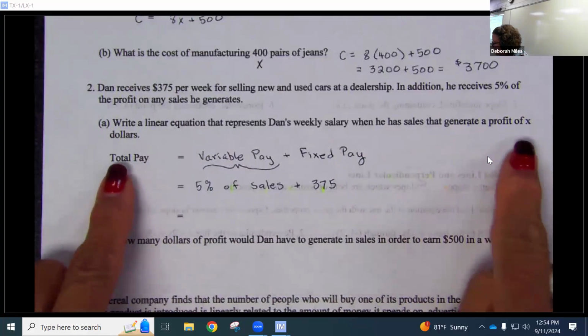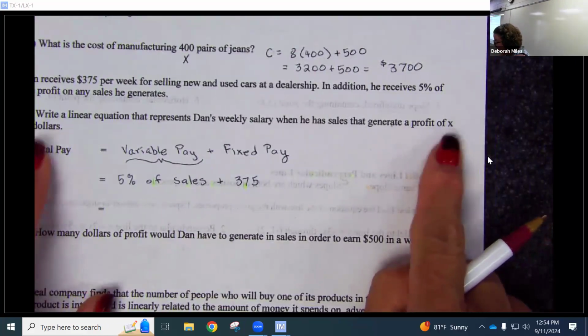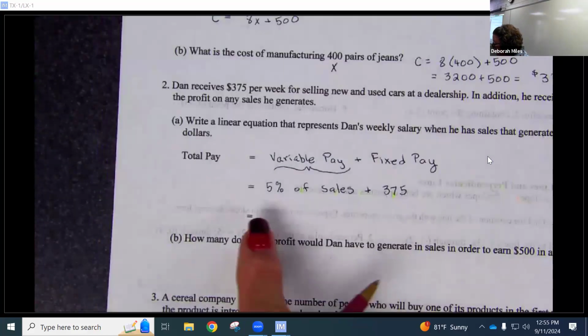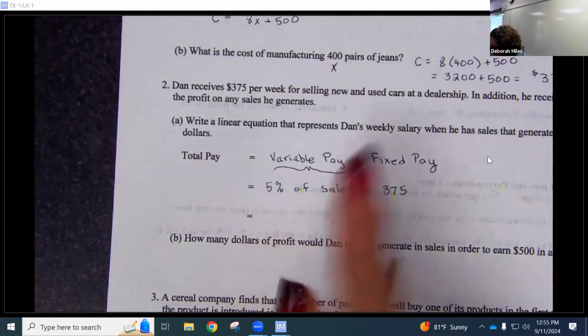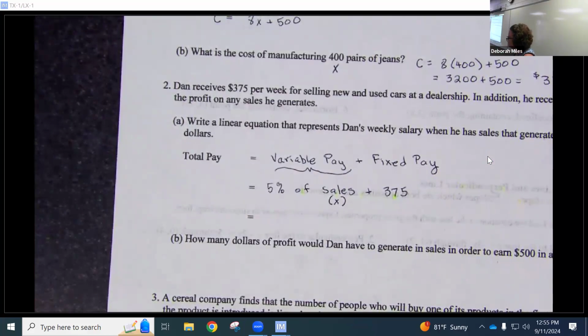So if I let X be his amount of sales, how do I get 5% of X? You tell me, David?